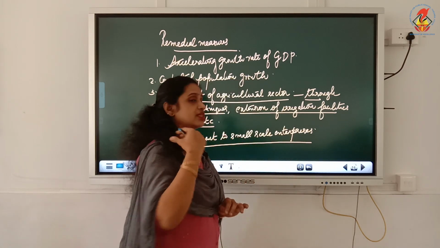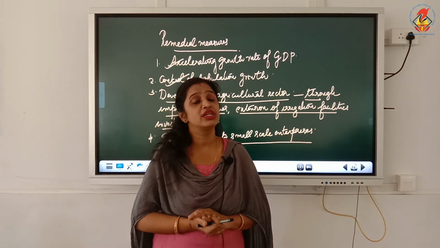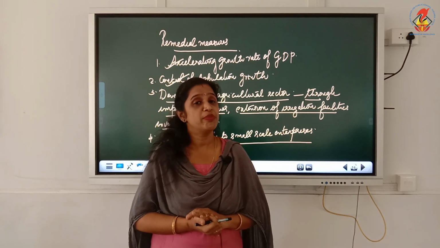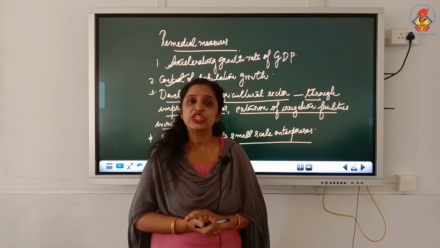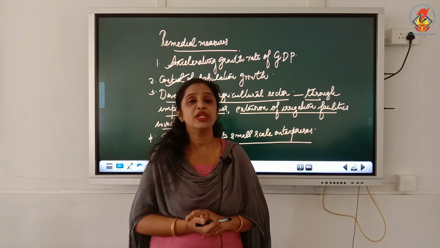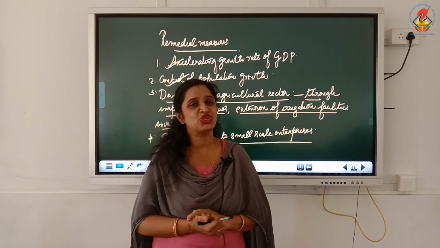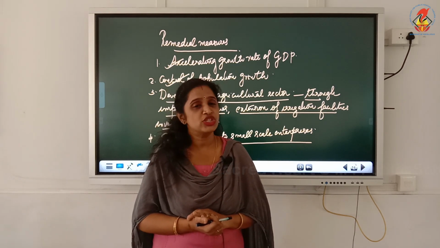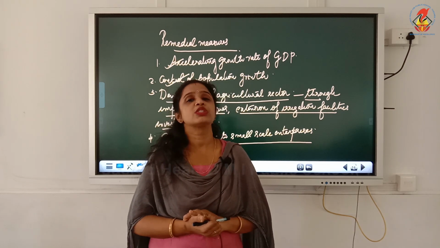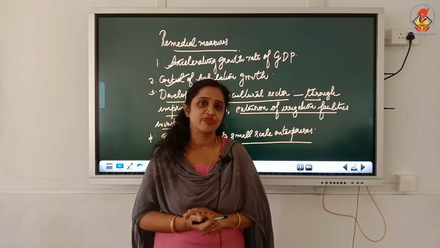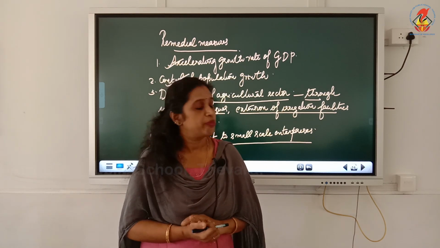When we discussed the problem of unemployment, I told you that due to the emergence of modern industries, the importance of cottage and small scale industries was decreasing. That should not happen, because people in the remote areas depend on cottage and small scale industries to earn their living. So, government should find some measures to encourage the cottage and small scale industries. So, this can remove the problem of unemployment.